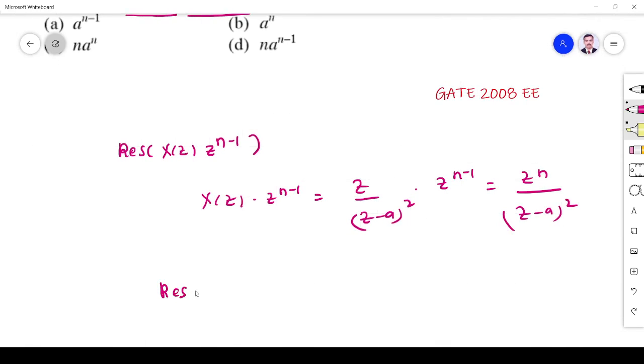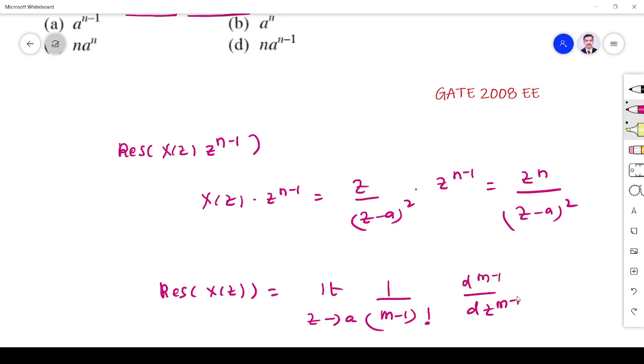So residue of X of z is given by limit z tends to a, 1 by (m minus 1) factorial, d power m minus 1 by d z power m minus 1, (z minus a) power m times X of z.